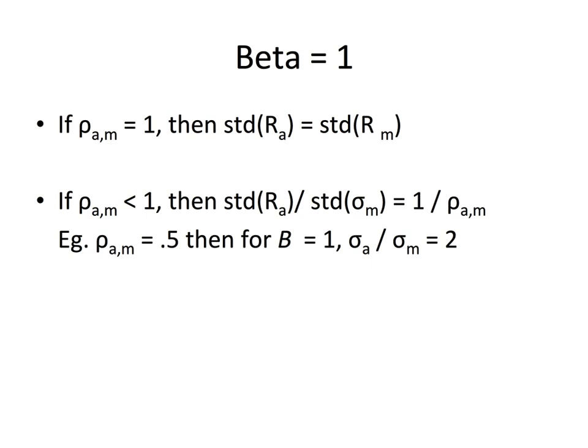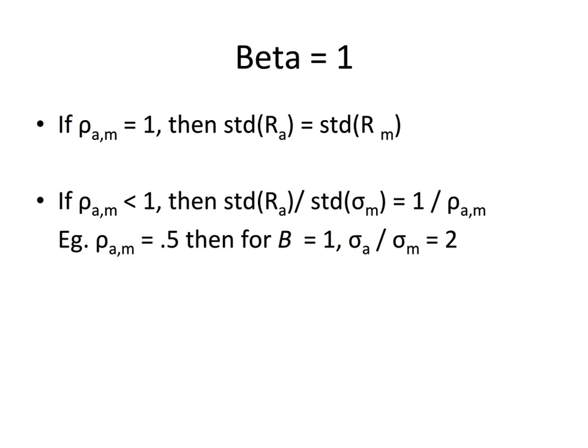Let's take the case of beta equal 1, that is, the asset has the same market risk or contributes the same risk as the market portfolio. If beta equals 1 and the correlation coefficient equals 1, then the standard deviation of the asset has to equal the standard deviation of the market portfolio.